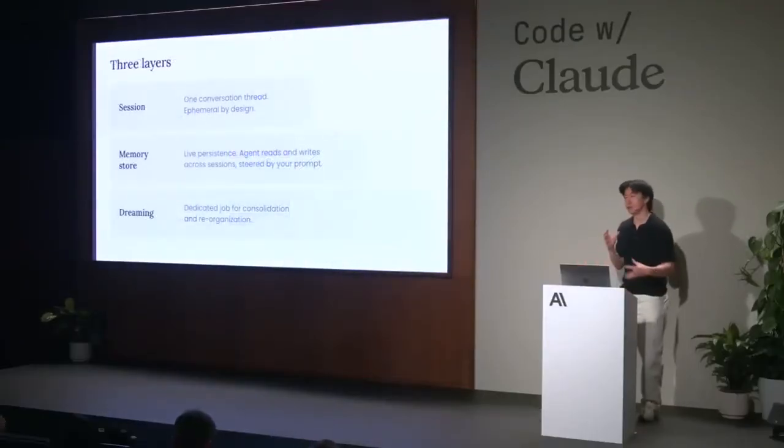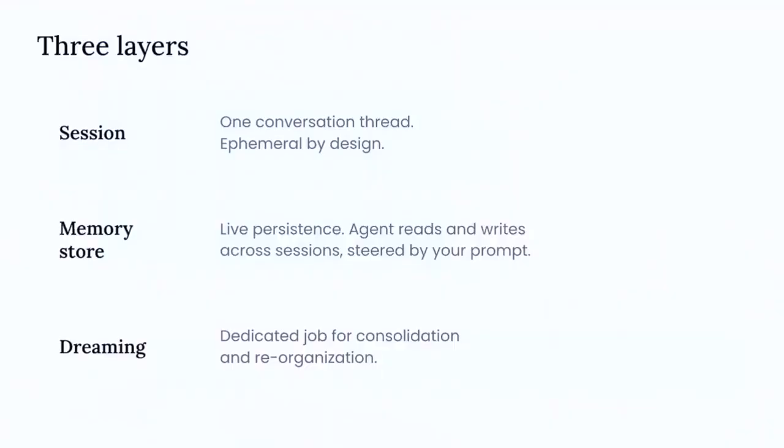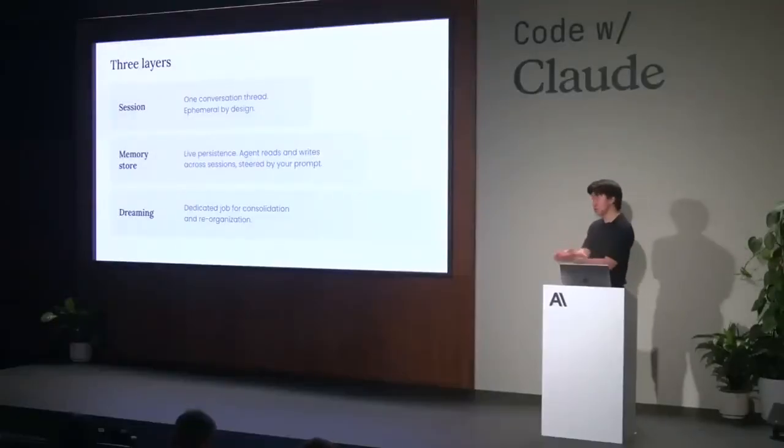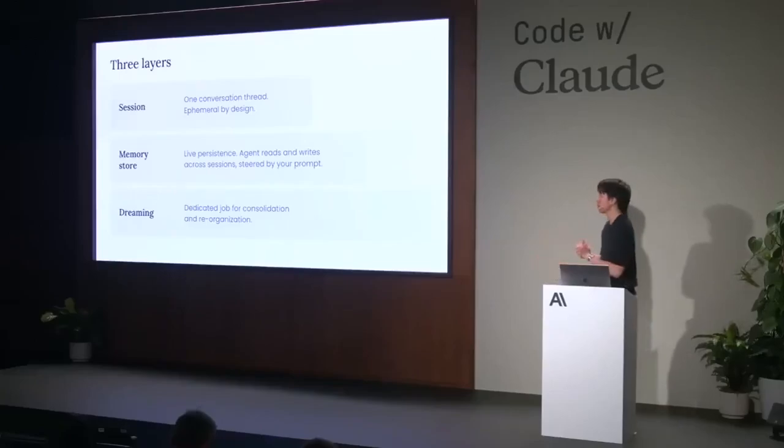And talk a little bit about how you can view sessions, memory stores, and Dreaming as 3 composable layers here, right? If you think of a session as an isolated instance of an agent running, it's typically one conversation thread, typically ephemeral, right? A memory store augments that. So now you can connect information across multiple sessions, right?